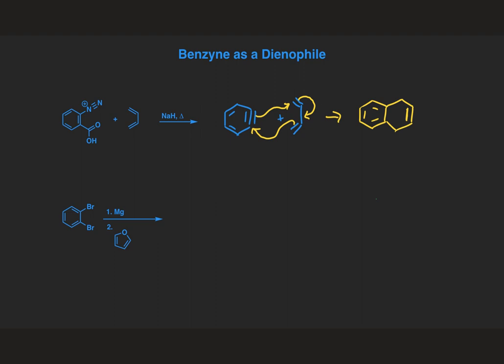Similarly, we saw that this ortho-dibromobenzene with magnesium will generate benzyne. Which can react with furan, also in a Diels-Alder type reaction, where these electrons come in and attack here. This kicks down, and these electrons kick over.